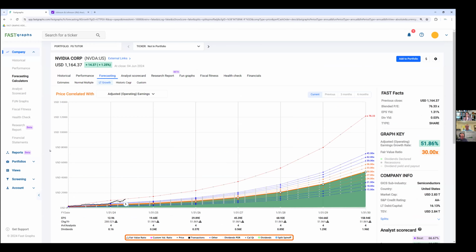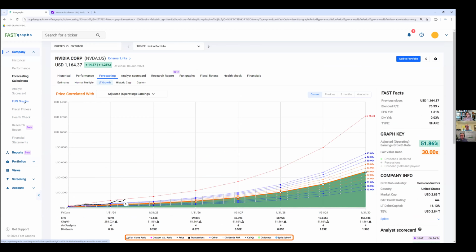All right, we've gone on here for almost an hour, and we've covered the historical and forecasting. I want to point out to everybody that there are so many other parts of FAST Graphs that we're going to be covering: full, complete financial statements, the fund graphs, which are an unsung hero. And by the way, you can find many of the answers to the questions I got.